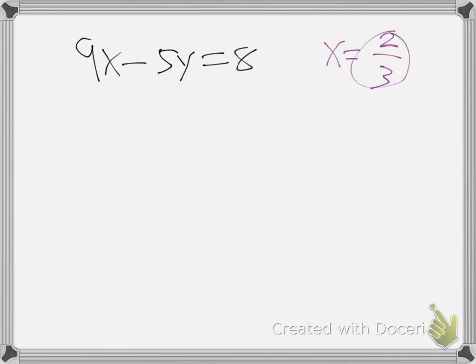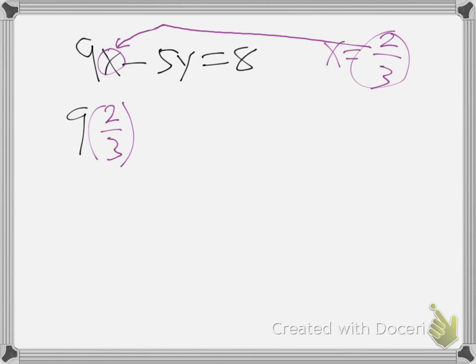I'm going to plug it in right there. So then we'll get 9 times the parenthesis 2/3, minus 5y is 8.